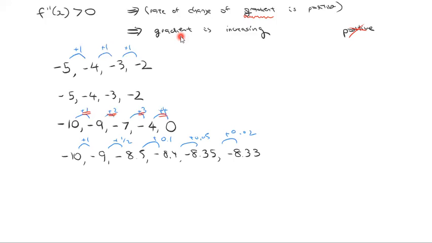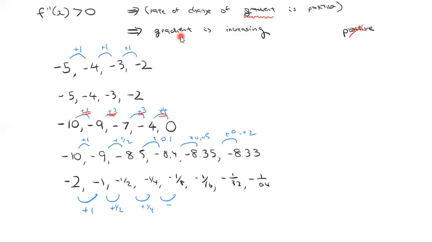I mean, maybe you don't think that's a clear enough example, so maybe I could go negative 2, negative 1, negative 1/2, negative 1/4, negative 1/8. This is probably clearer to you. But you can see that the numbers are getting bigger, right? There's no doubt that they're getting bigger.